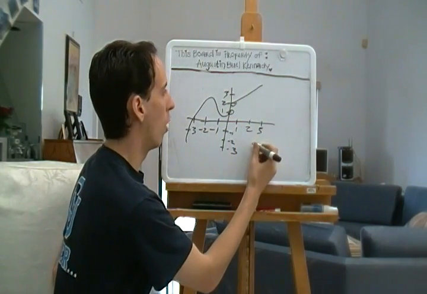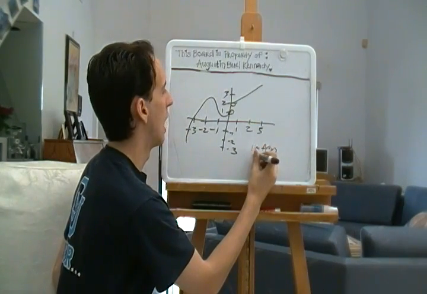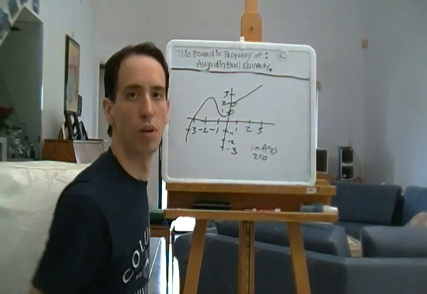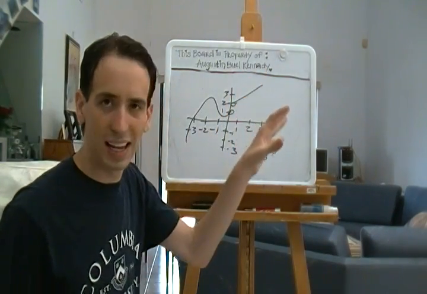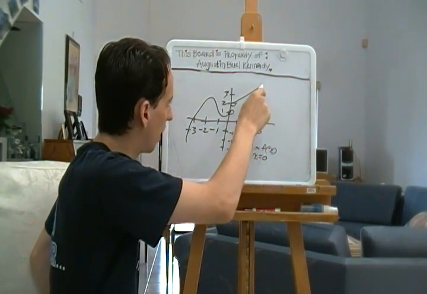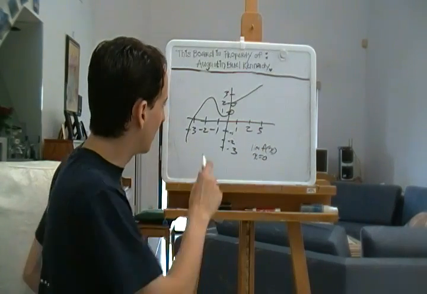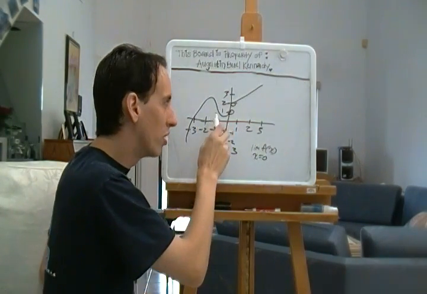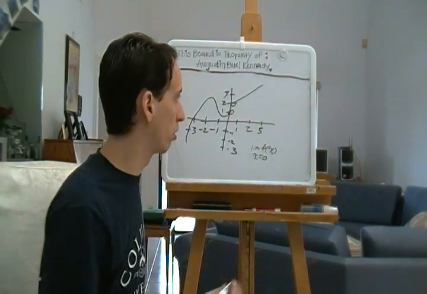If I asked you what is the limit of f of x at x equals 0, you might have a tough time answering, because looking at the right-hand side, it looks like it's going down to 2. But if you look from the left-hand side, it looks like it's going to 1. Well, you're right in both cases.